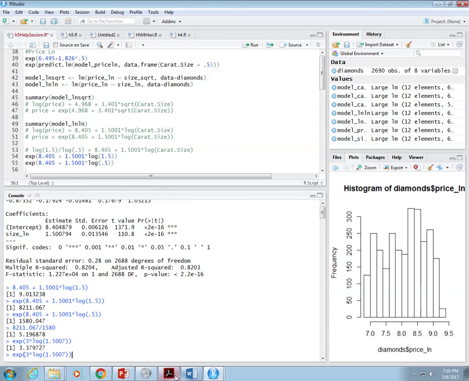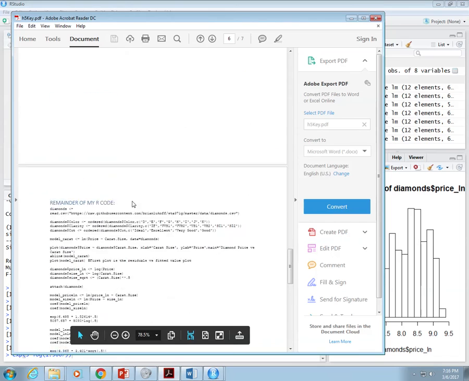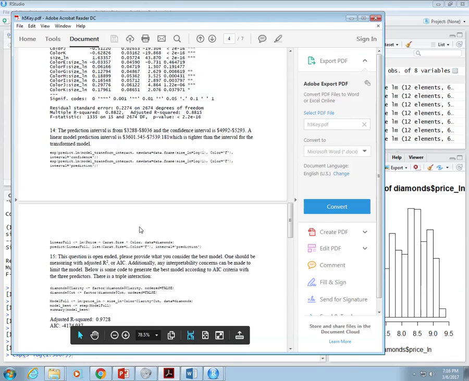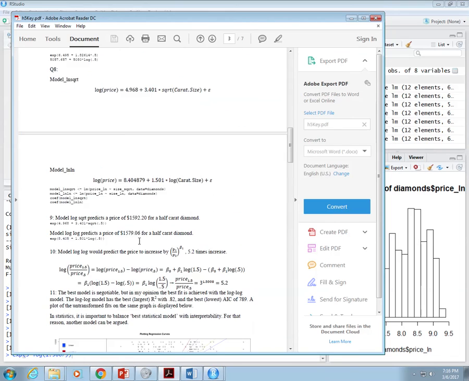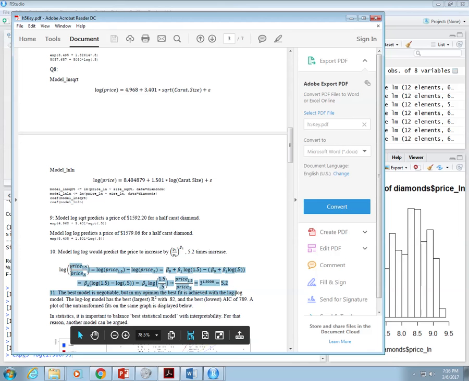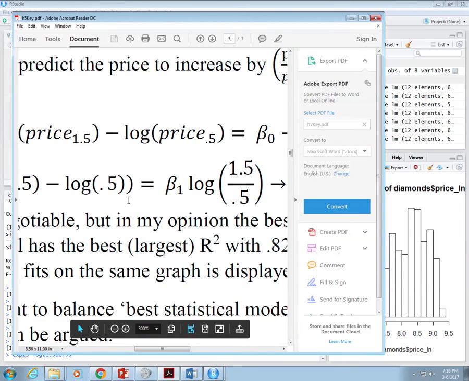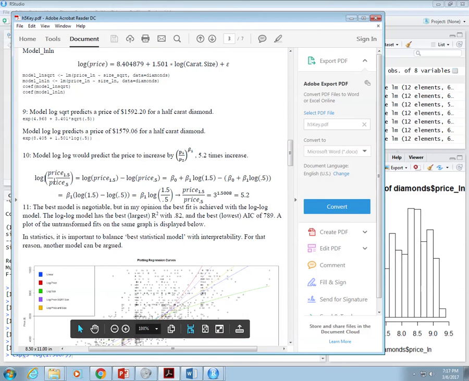Oops, did not do that right. Let me check my cheat sheet here. There we go. So you see here that the log of the price difference is equal to the log of the price, so subtracting each other.